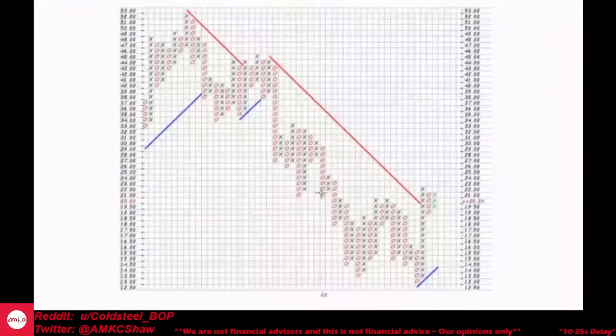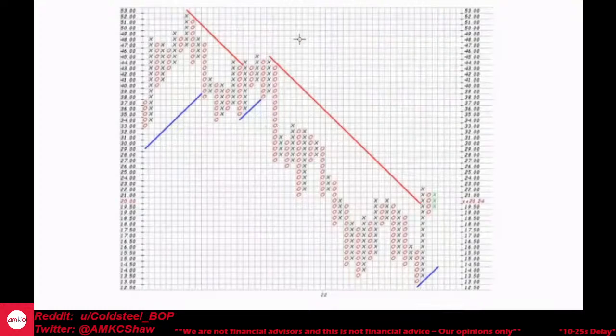On these, just to cut time, the main thing is that this red line here is a resistance line and the blues are support. These are a far better way of knowing resistance and support than using a typical charting pattern.